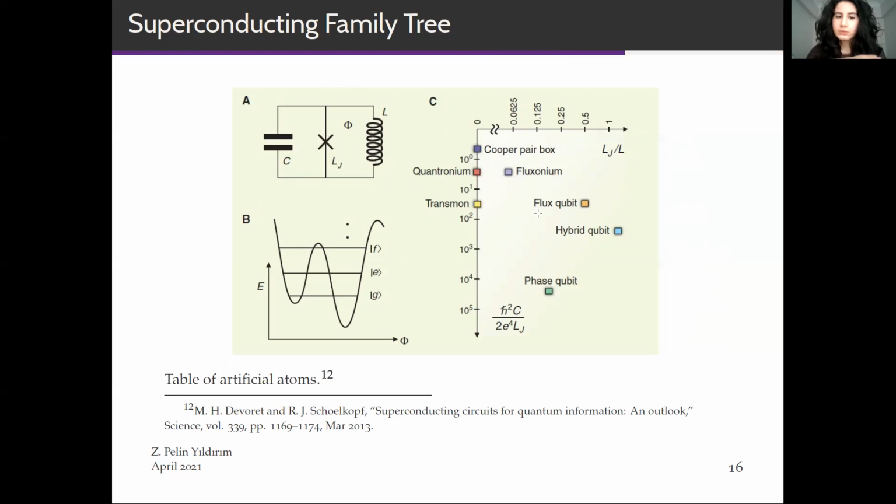The energy ratios among the components are defining features of these qubits. For example, the difference between Cooper pair box and transmon is the EJ to EC ratio, the Josephson junction energy to capacitance energy ratio. As EJ over EC increases, we get a better performing qubit. As I said, transmon is better than Cooper pair box.